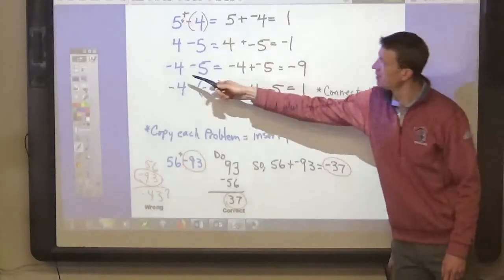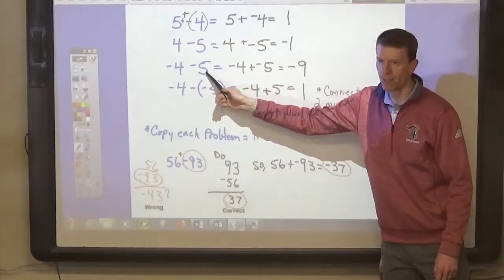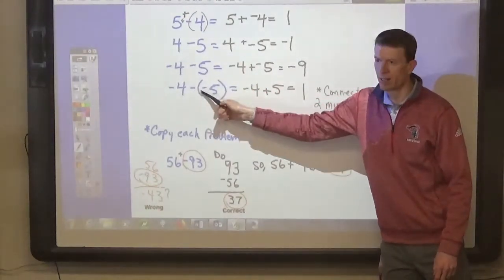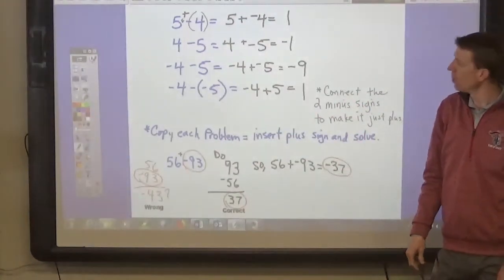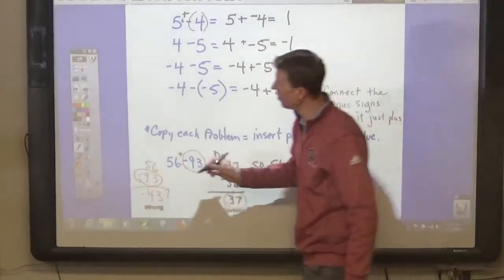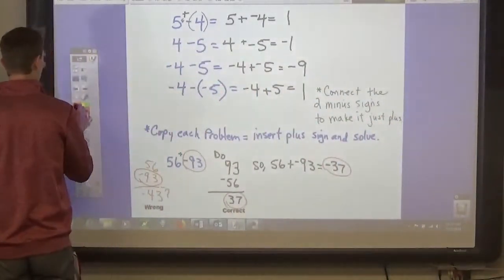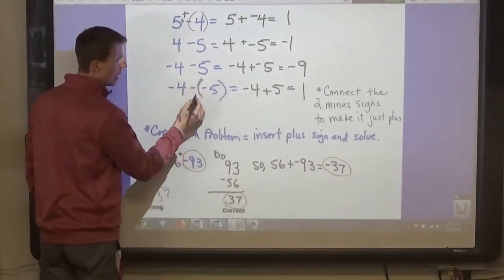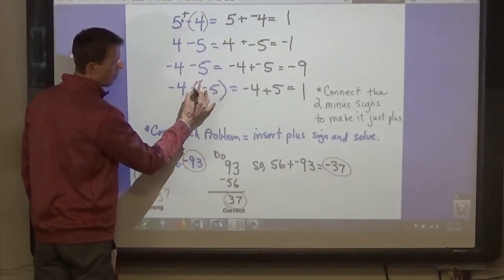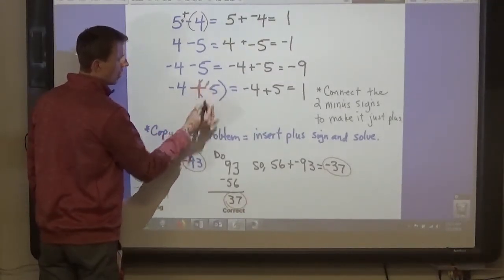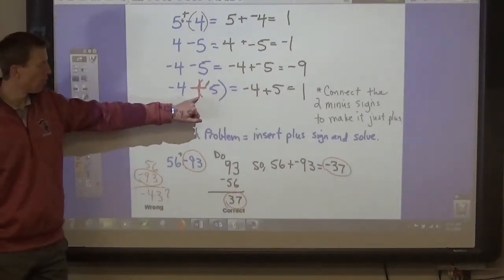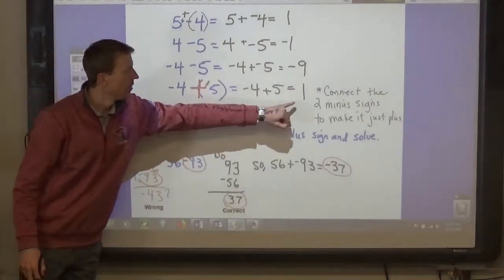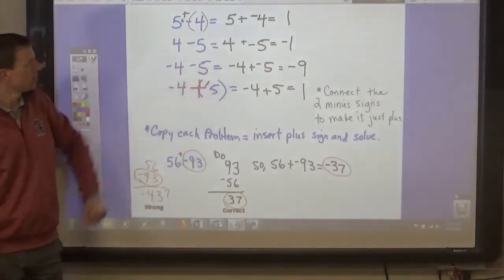That's not the same as negative 4 minus 5 because of what? The two negatives in a row. So when you see these two negatives in a row, this is what I like to do. I like to just change this and put a big plus sign, because the two minus signs in a row become just plus. So then negative 4 plus 5 is 1 again. Okay?